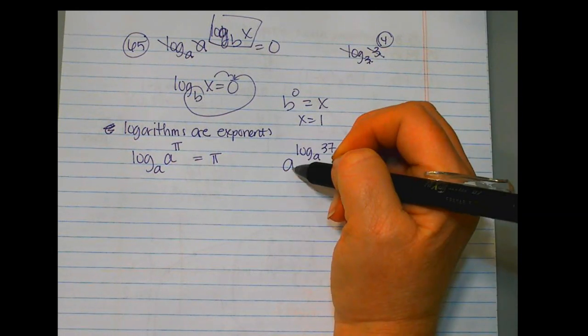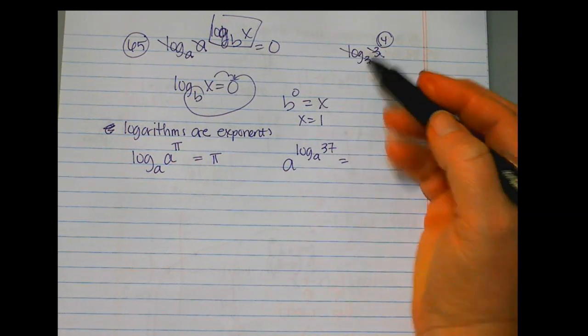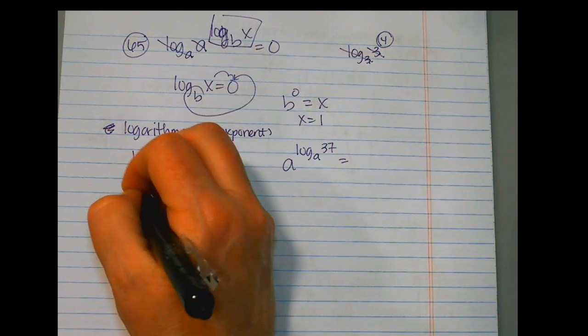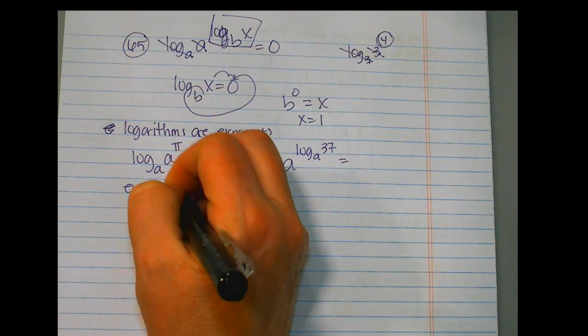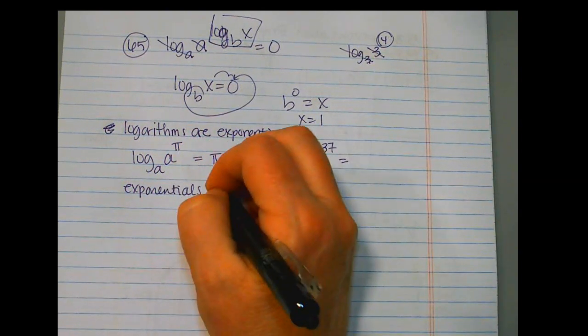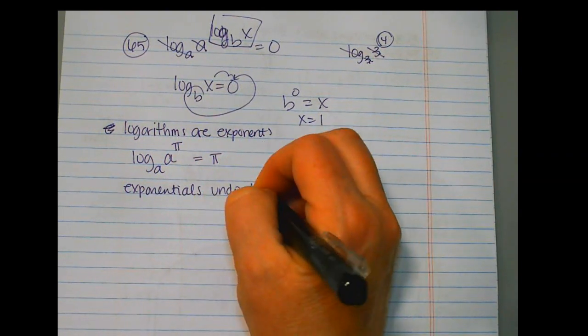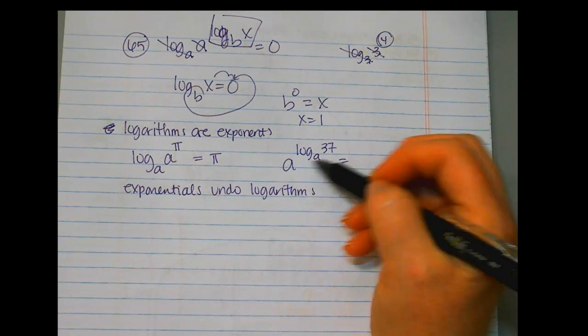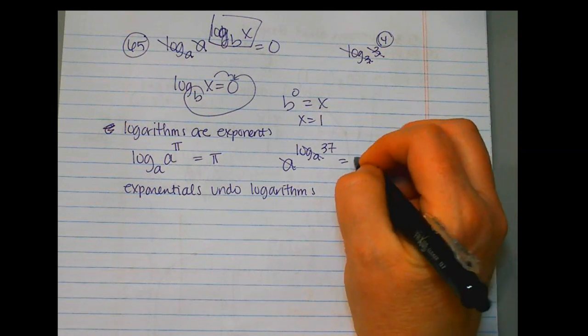Because this is an exponential with A as a base, and this is a logarithm with A as a base, and exponentials undo logarithms, and vice versa. So as long as you have the same base, these cancel out and you get 37.